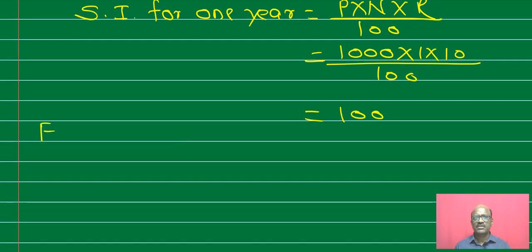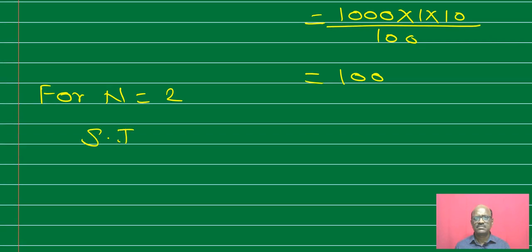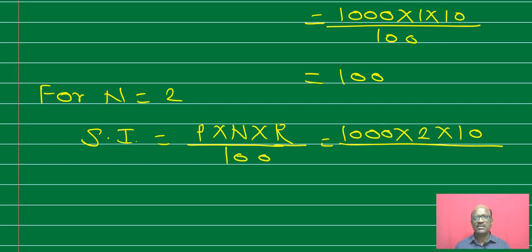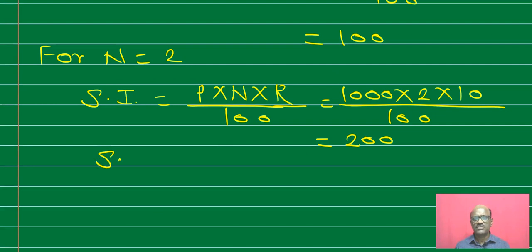Simple interest for 1 year. For 2 years, that is PNR upon 100, 1000 into 2 into 10 upon 100, that is 200. The simple interest for 2 years is 200.